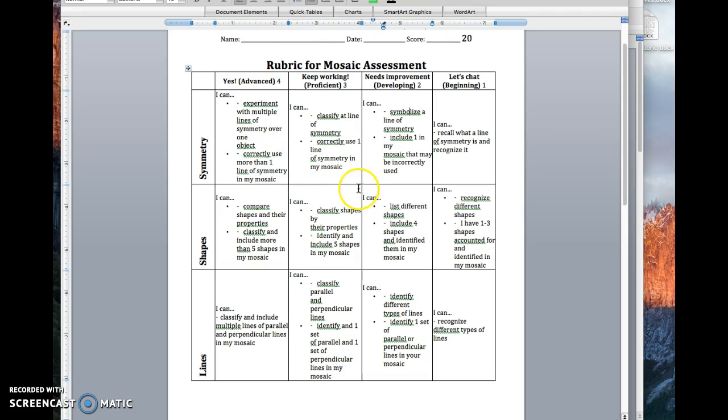So if we think about how we might go about revising or improving this rubric, something really simple and fast that I had told Sam already in the TD is that I probably wouldn't label the proficient level as "keep working."